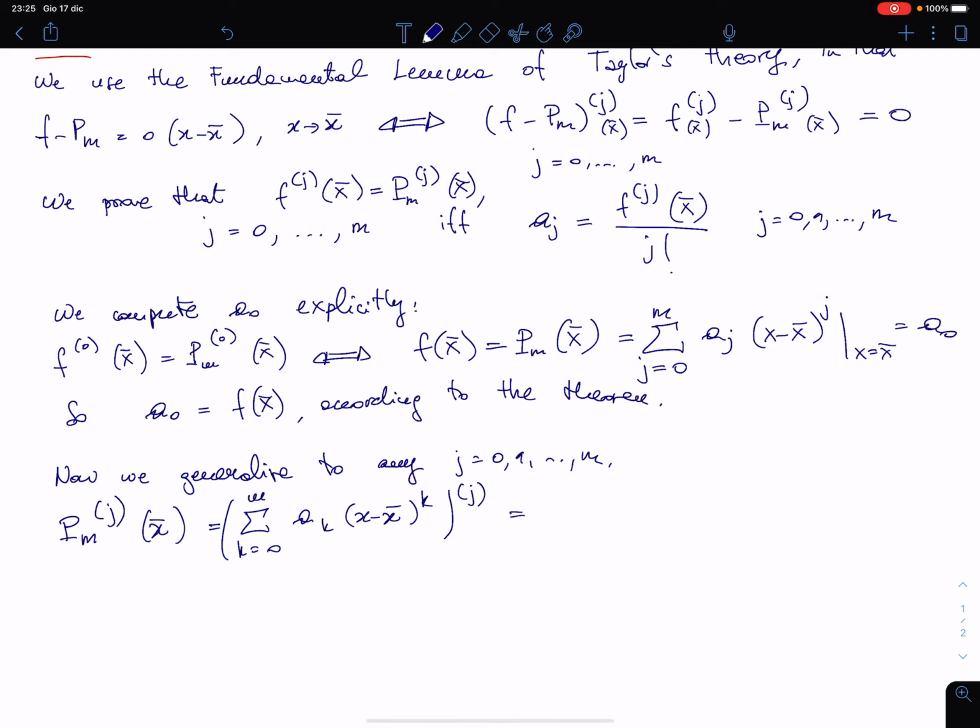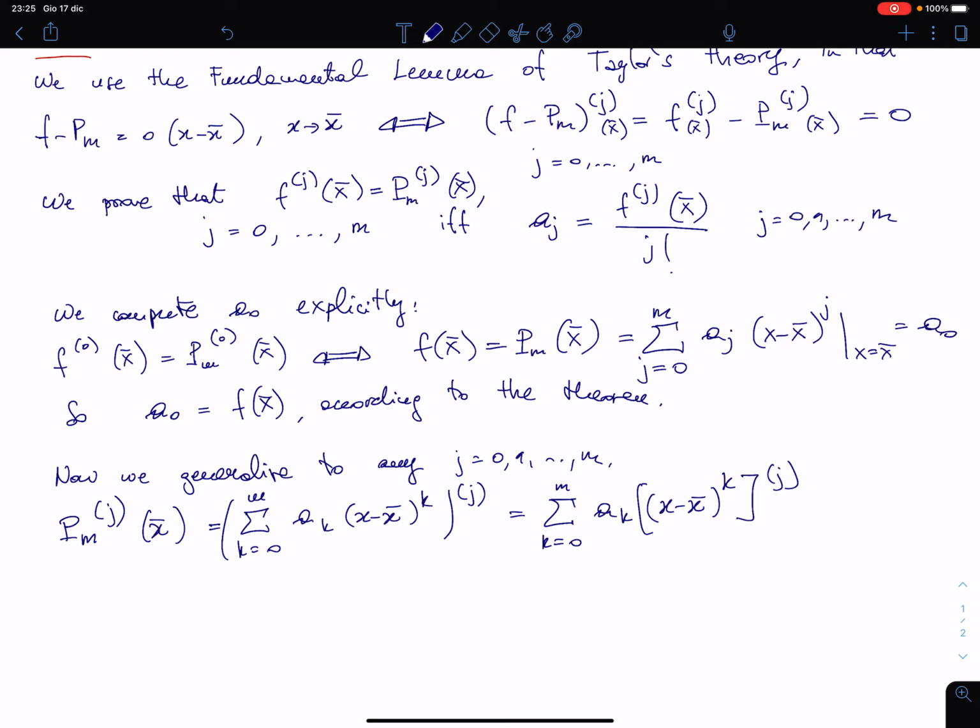Okay, this means that since the derivative is linear, the jth derivative enters into the sum, and here we have (x minus x bar) to the power k to be differentiated j times.